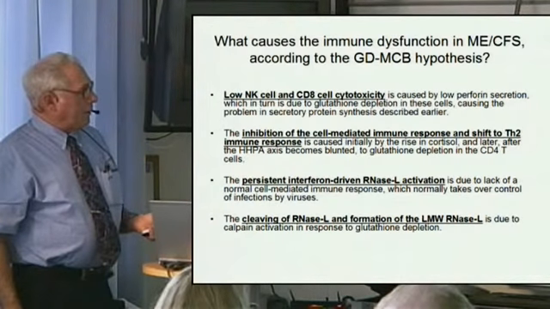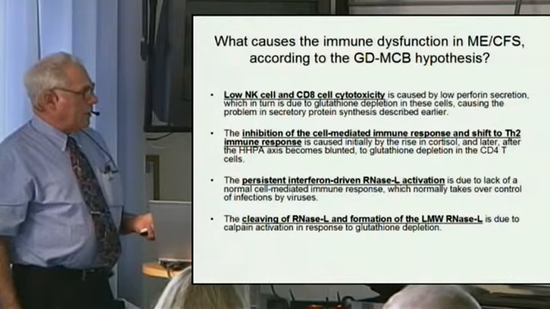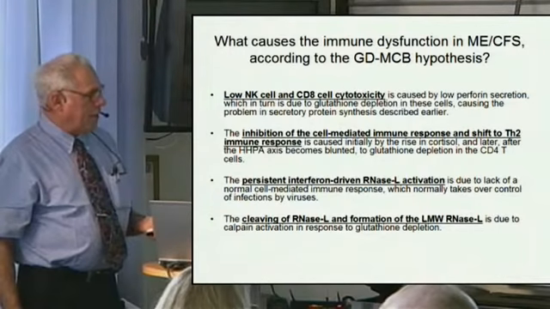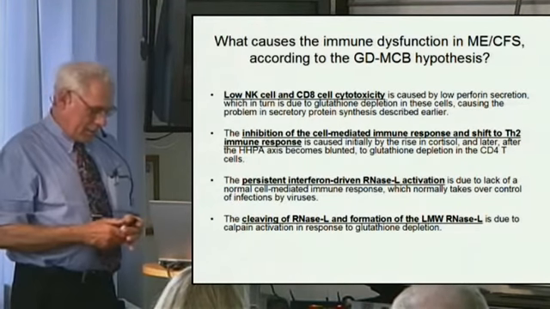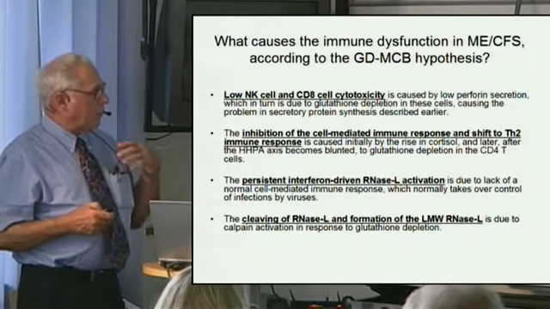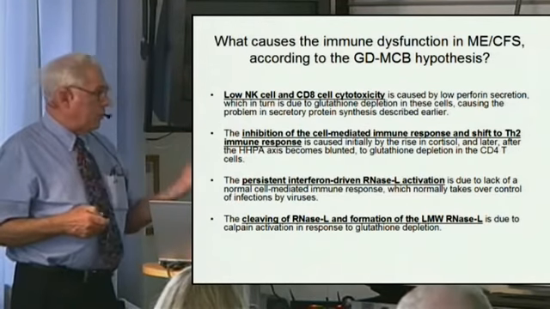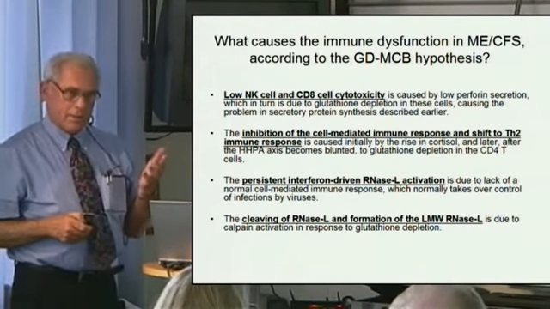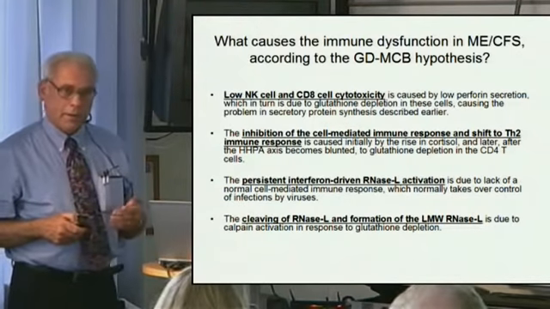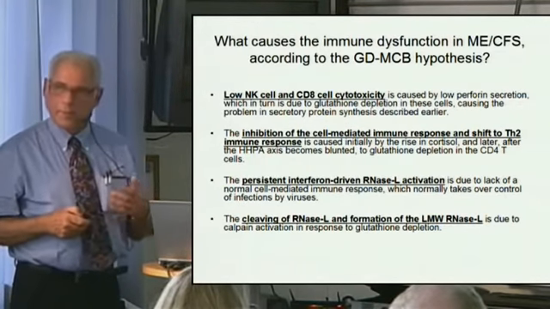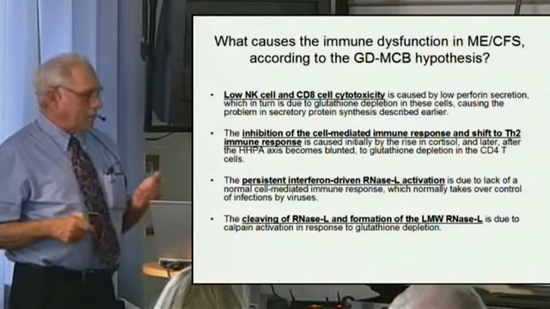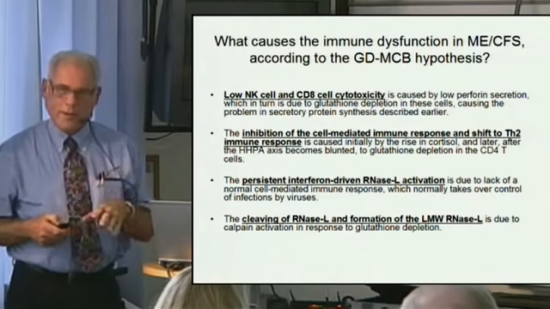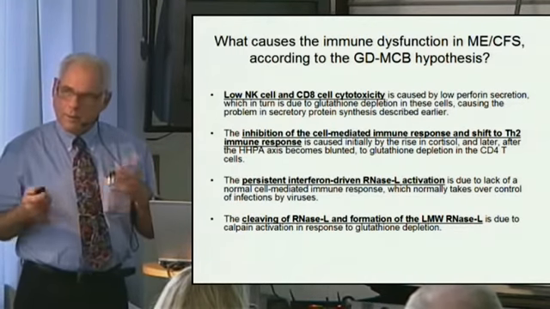The cell-mediated immune response is inhibited by the glutathione depletion, and so there's a shift to the Th2 immune response, and so that means that you're making more of the antibodies, but you're not able to do the cell-mediated immunity that's important for viruses and fungi, yeast, and intracellular bacteria like mycoplasma or chlamydia, rickettsia, those kind of things. So those happen to be the infections we see, and the reason we do is because that part of the immune system is suppressed, and so those are able to reactivate or get out of control.